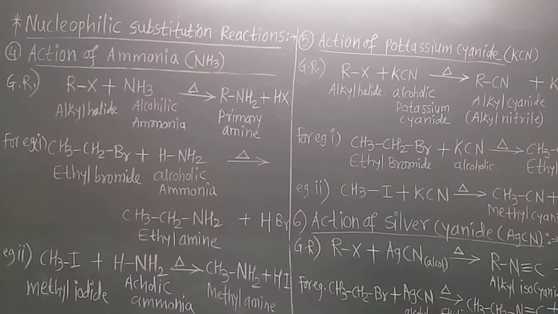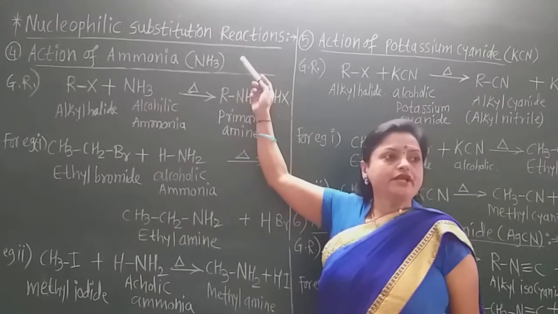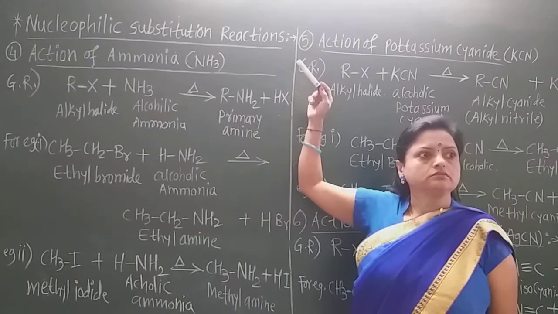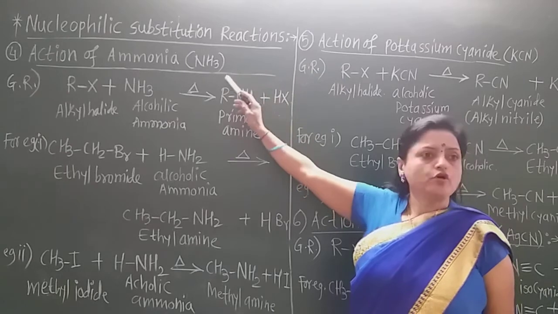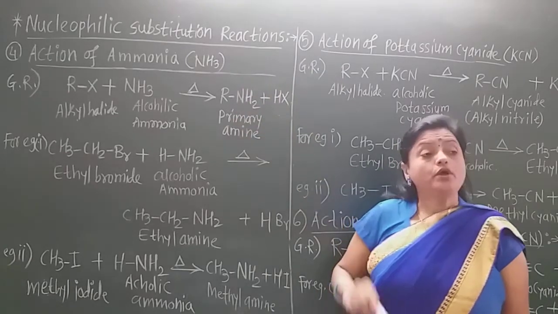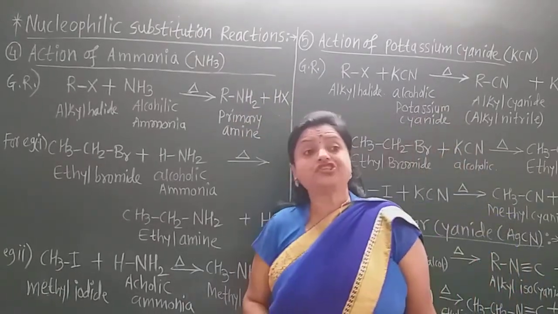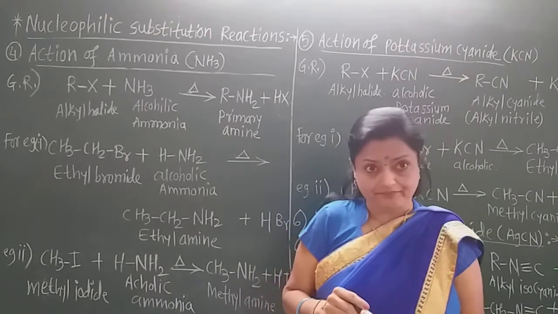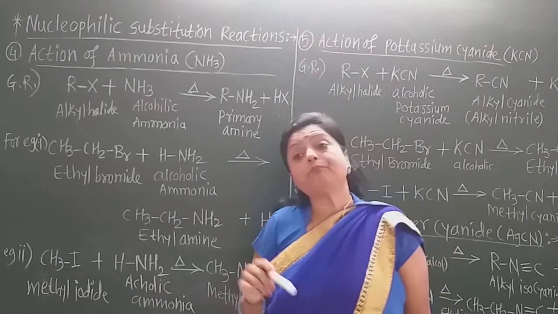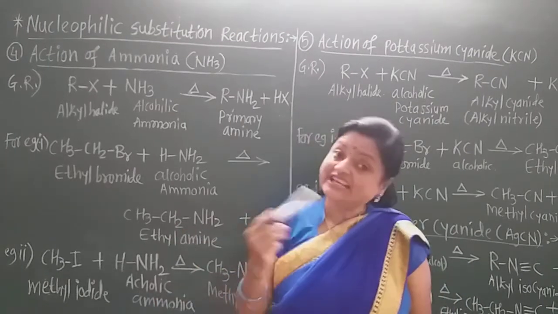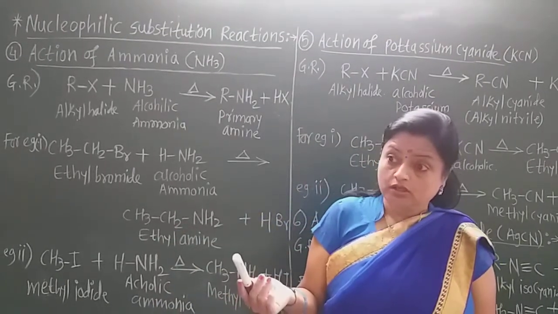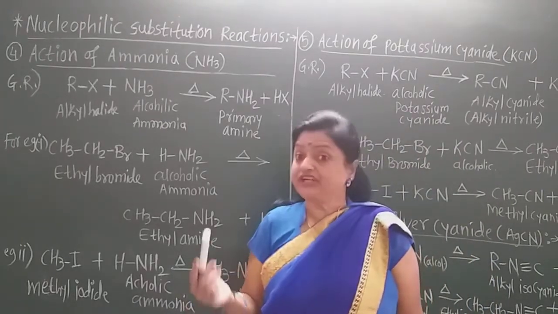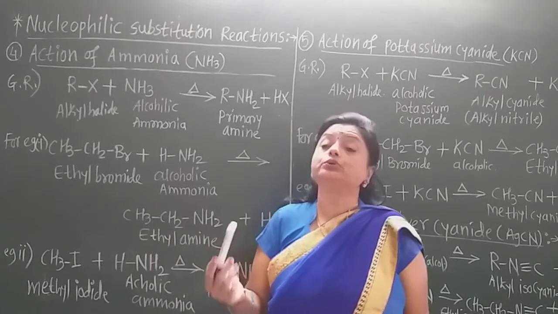Now see here, you know the formula of ammonia. What is the formula of ammonia? NH3. Here there is the action of alcoholic ammonia on the alkyl halide, and we obtain the primary amine RNH2. In 11th standard we learned primary amine, secondary amine, tertiary amine, and how to give the nomenclature.